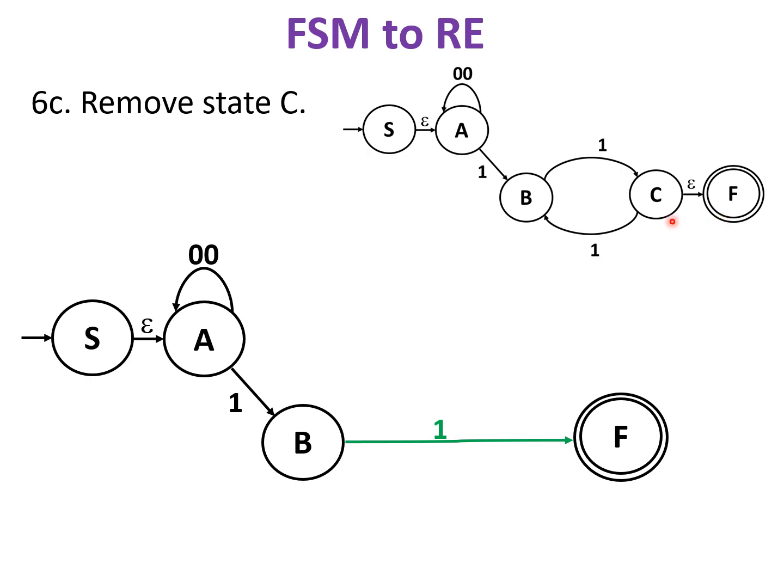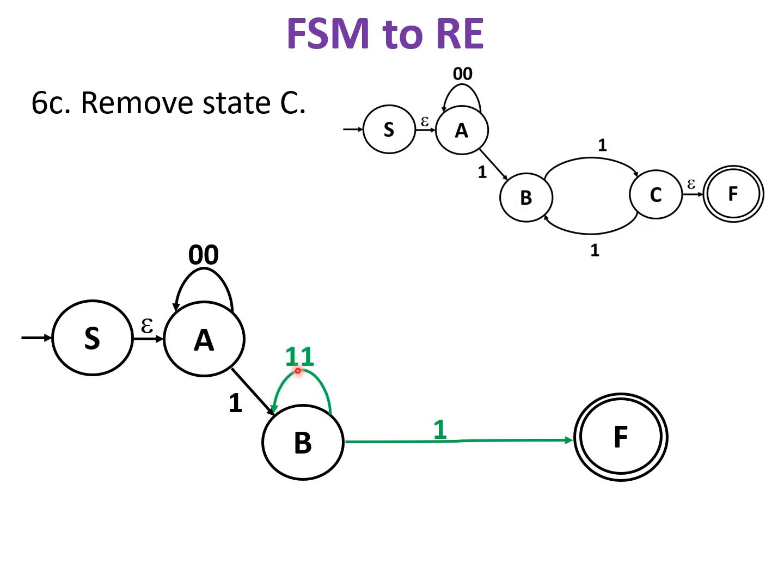Next, a self loop on B through C. We can see B to C for input 1 and again C to B for input 1. So there is a self loop from B through C back to B with string 1, 1.